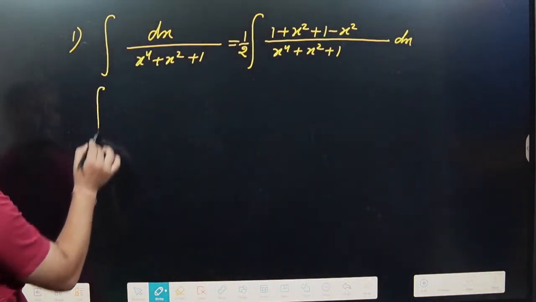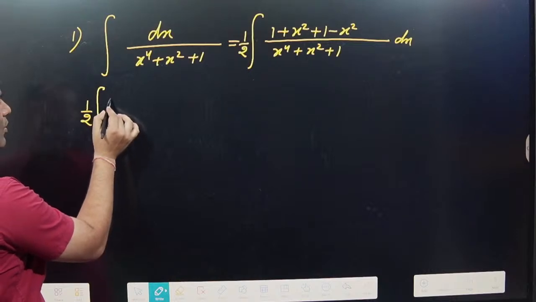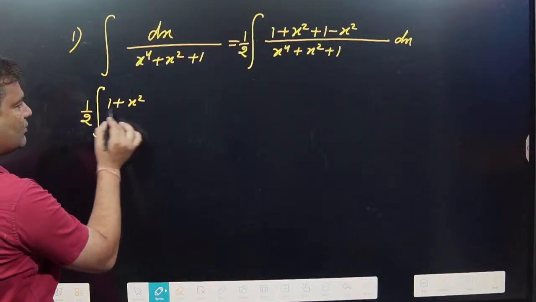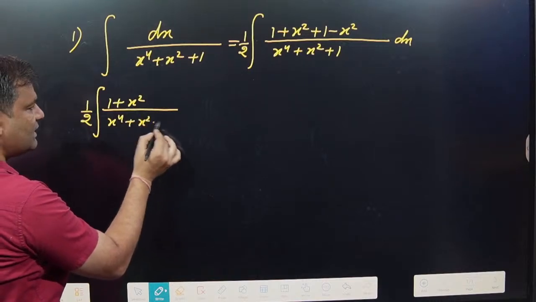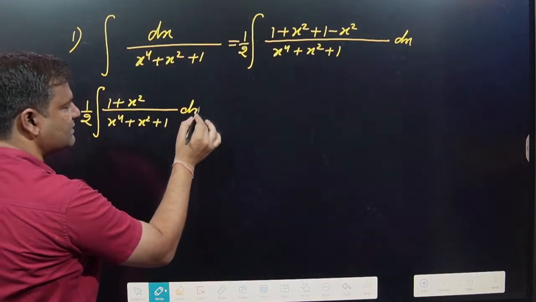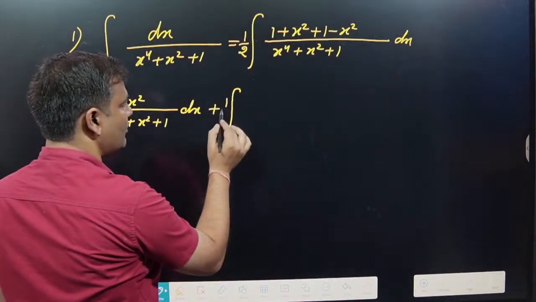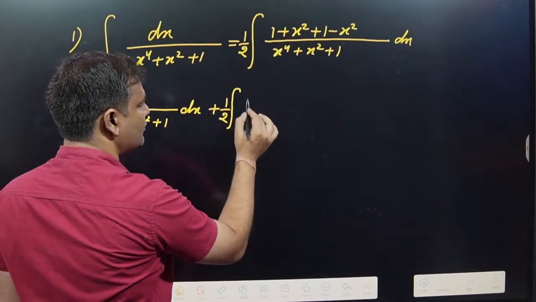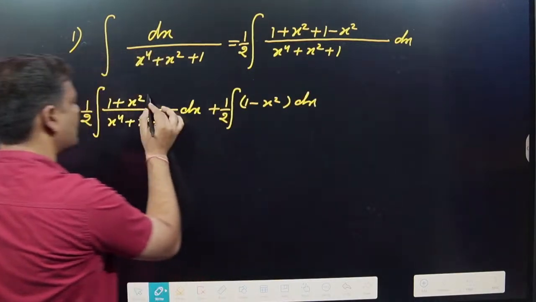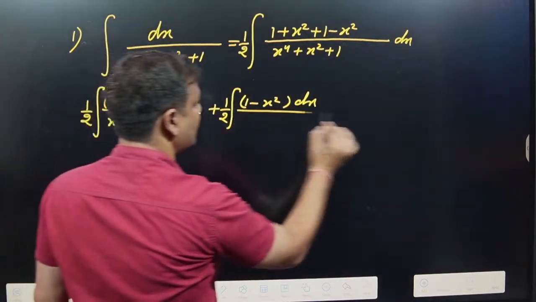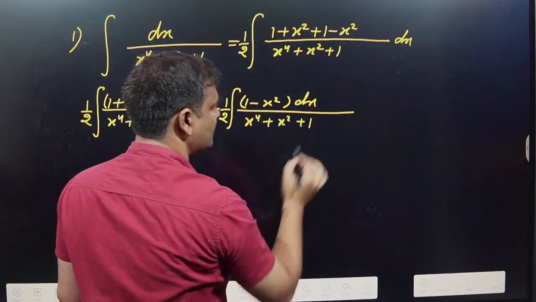Look here very carefully: 1 by 2 into 1 plus 1 upon x square, upon x to power 4 plus x square plus 1, into dx, and the other one written as integration of 1 by 2 into 1 minus 1 upon x square into dx, divided by x to power 4 plus x square plus 1.